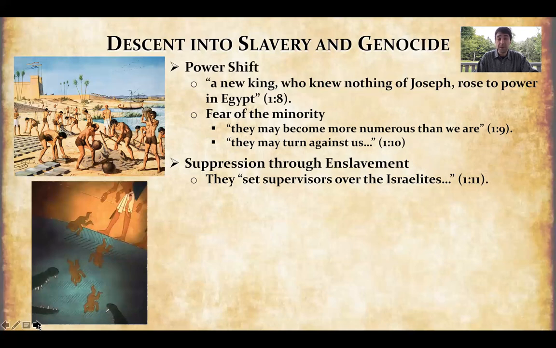I like to think of maybe like setting up a surveillance state or something like that to keep tight control, close tabs on the Israelites. And this form of control eventually leads to slavery. The Egyptians reduced the Israelites to cruel slavery, as it says in verse 13 there.